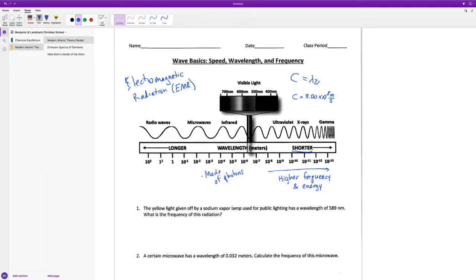And in this direction, you can see we're getting longer wavelengths as we move down toward radio waves. And this is lower frequency. These things oscillate much more slowly. And it turns out that gives them a lot less energy as well. So an individual photon of a radio wave has less energy than a gamma ray photon.